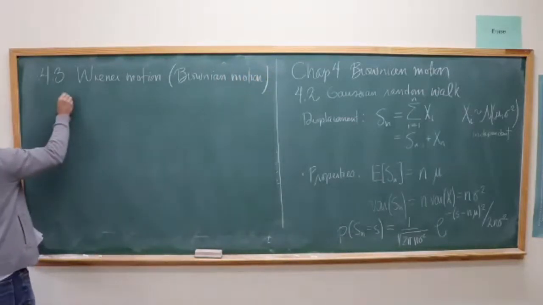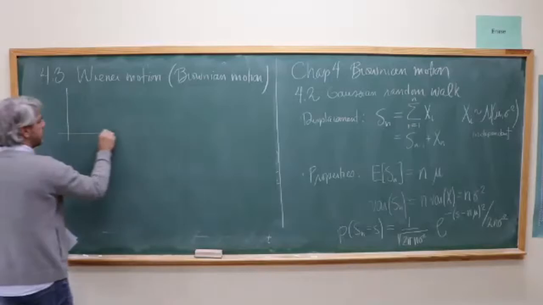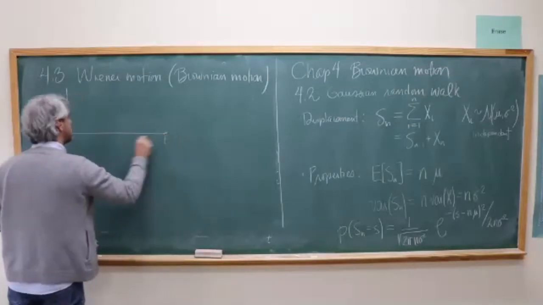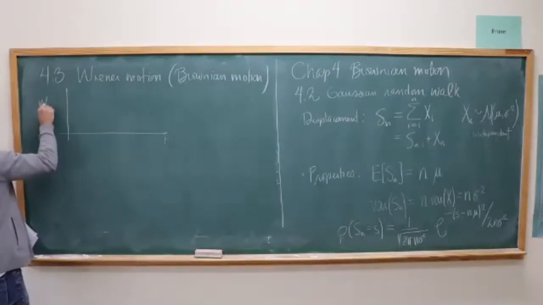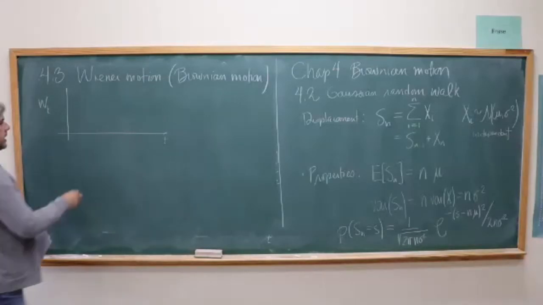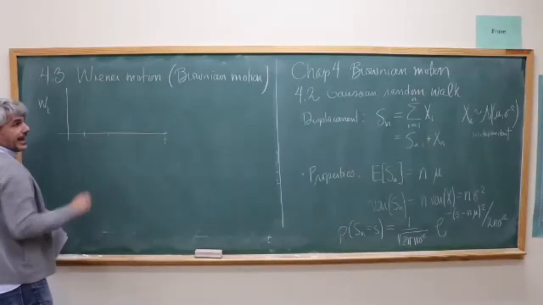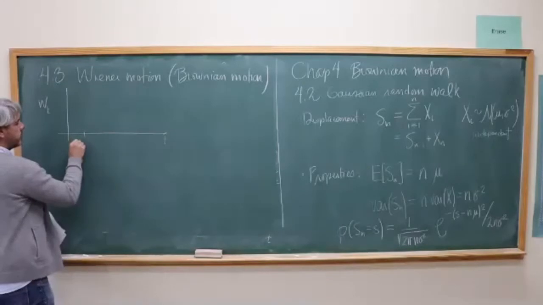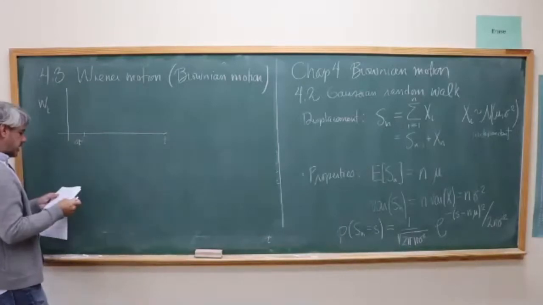The way that Brownian motion is defined is that we want to define this now in continuous time, and I'll denote the Wiener motion or the Brownian motion by Wt. What we'll do is a Gaussian random walk, but in steps of delta t.